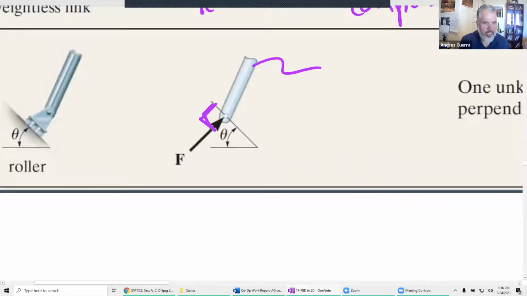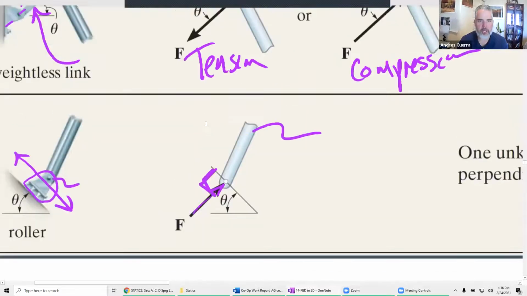It's got the pin that's connected right there, and then it's also got those rollers on there too, right? Well, look at the overall connection. What is that overall connection allowing? So this overall connection allows it to move up and down, and it doesn't allow it to move perpendicular to the plane. So the roller would control in that one, and that's the one we would use. Good question.